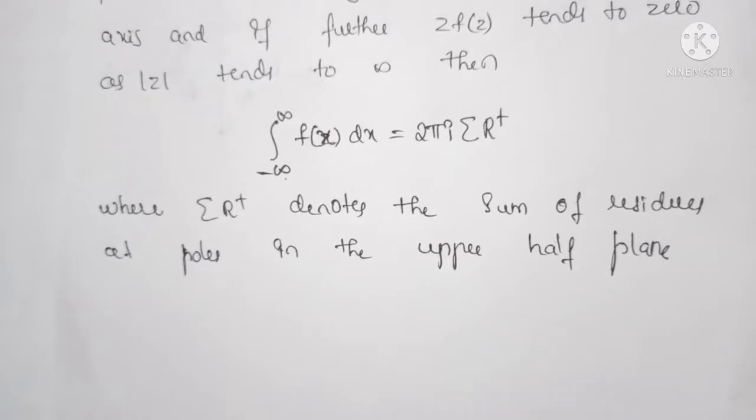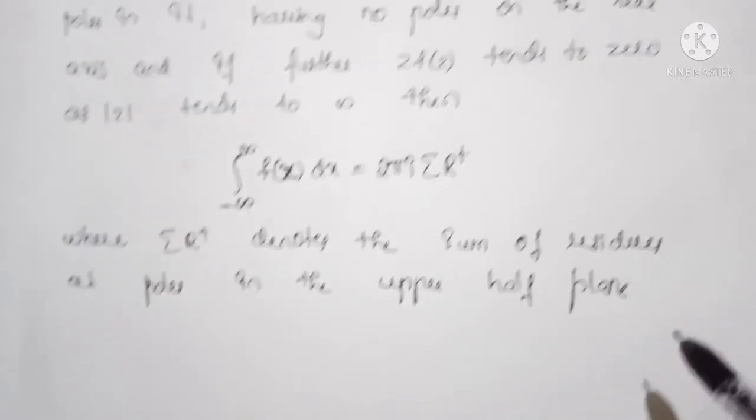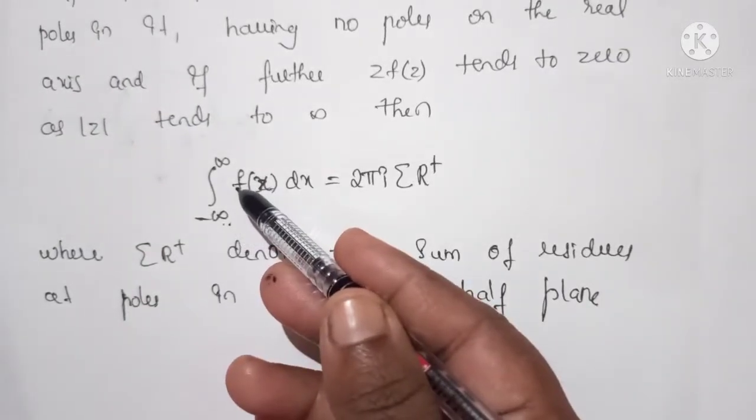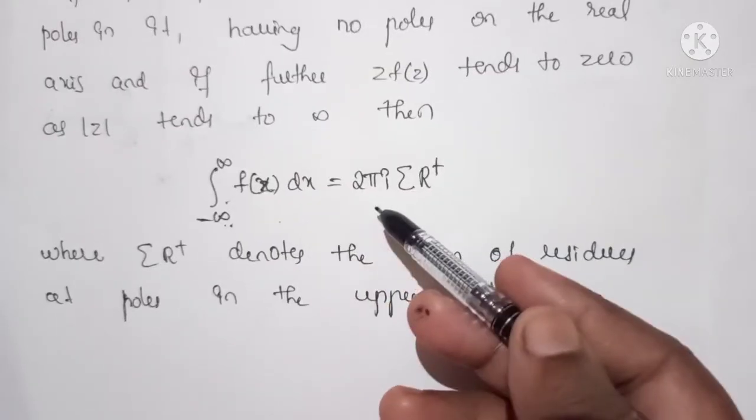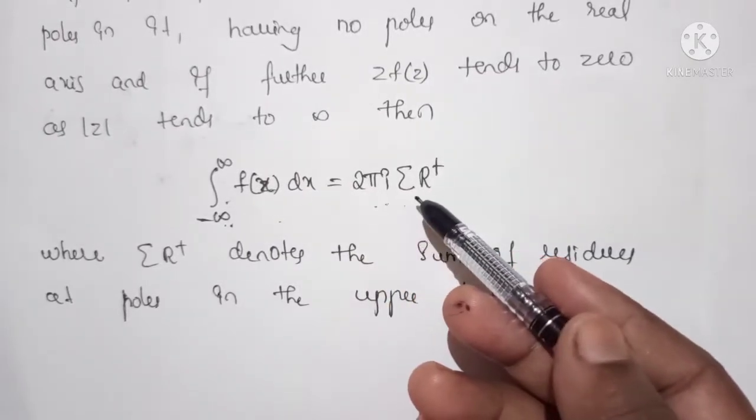So here we should consider the upper half plane, and the integral can be evaluated as 2 pi i times the sum of residues.